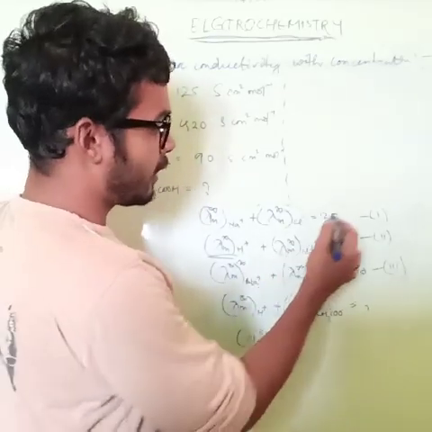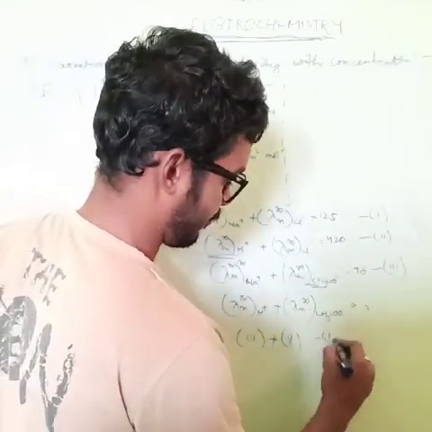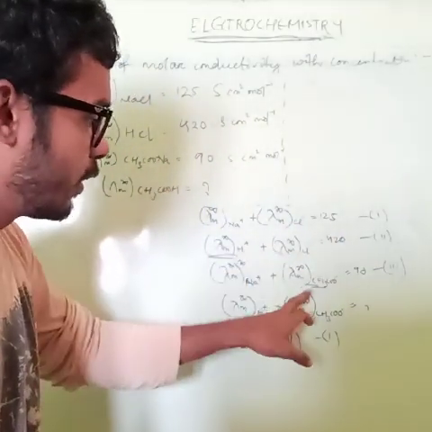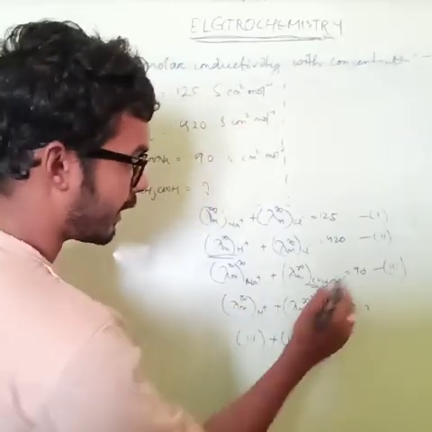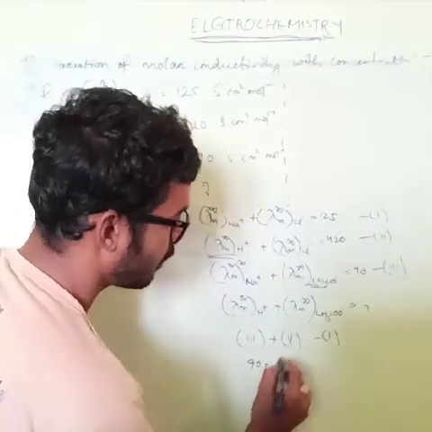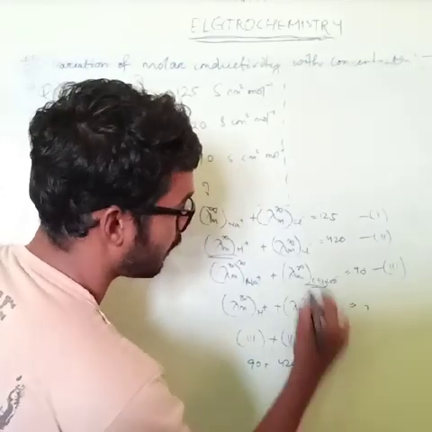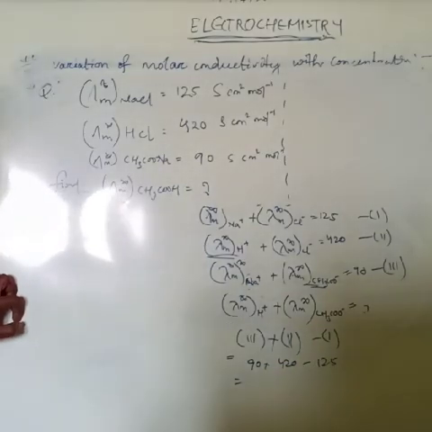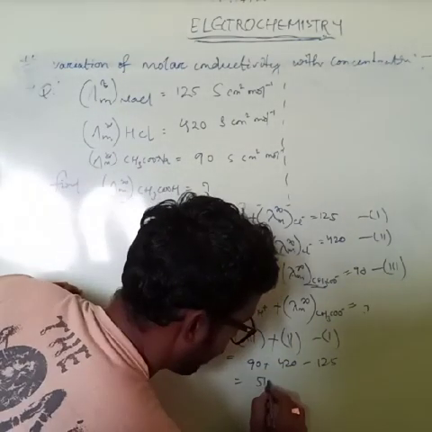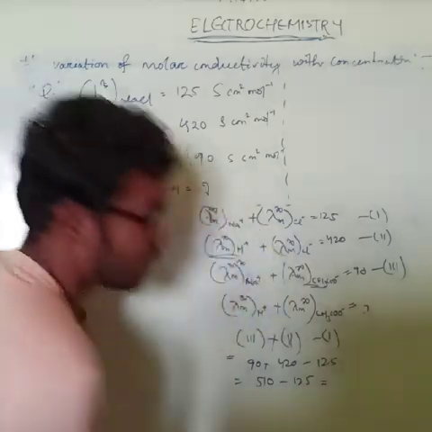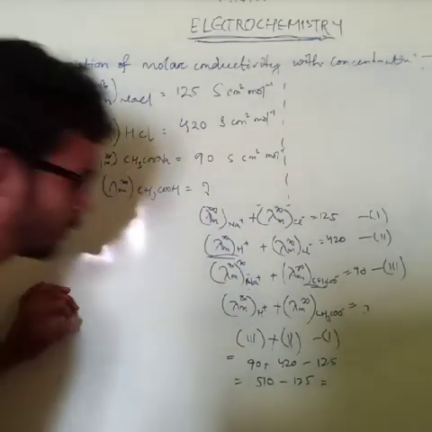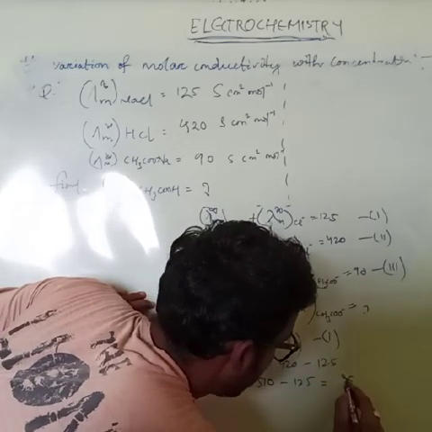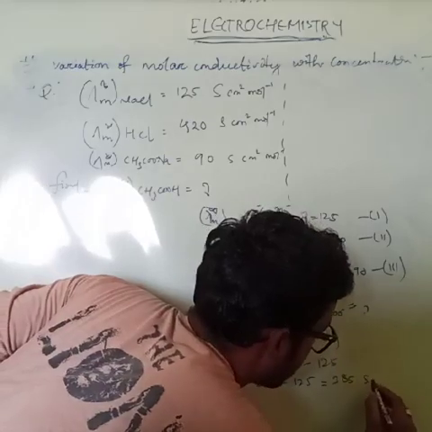So minus this equation 1. Here Na plus and Cl minus get cancelled, and you will get the value of only this. That means 90 plus 420 minus 125. So 510 minus 125. Your answer is 385 S cm square.